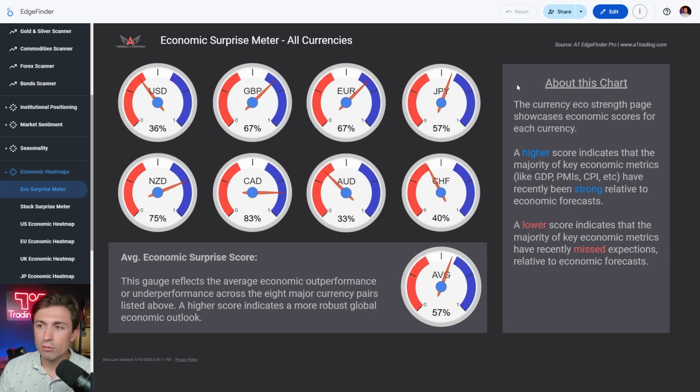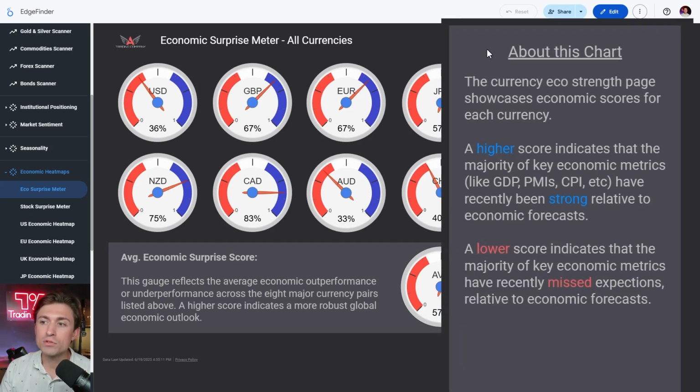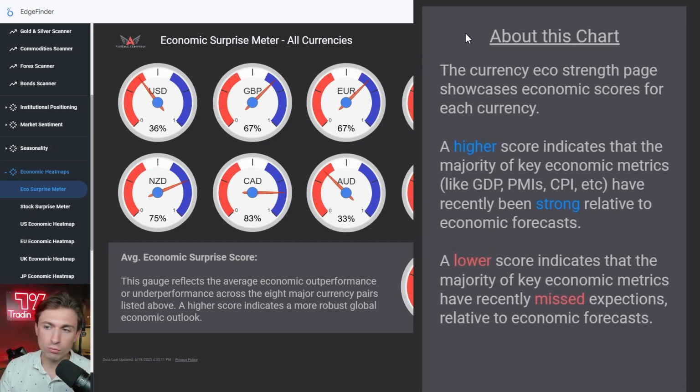Now, right here on the right-hand side, you can see we have a better written, explained version of what I just said. So if you'd like to pause the video, we'll zoom in on this so that you can read along with what we're discussing. The currency economic strength page showcases economic scores for each currency. A higher score indicates that the majority of key economic metrics like GDP, PMIs, CPI, etc. have recently been strong relative to economic forecasts.